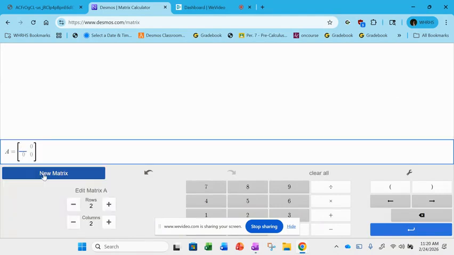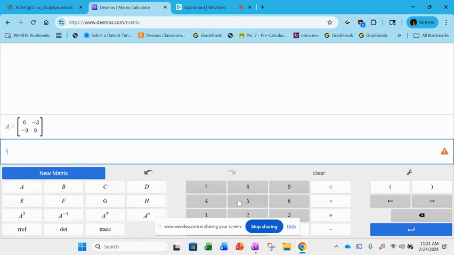So I think our first one is a 2 by 2. It is 6, negative 3, negative 9, 9. Guys, was this right? 6, -3, -9, 9 for our coefficients. Okay. Enter.